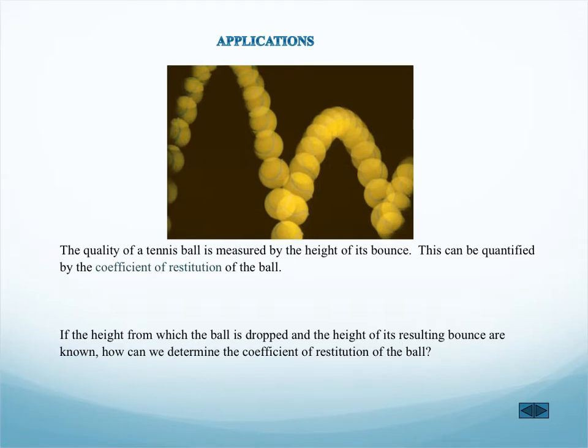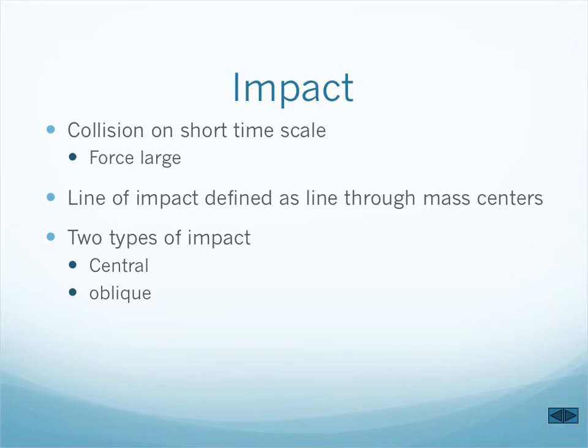So let's think about how we find the coefficient of restitution. First of all, let's classify some of the characteristics of collisions, and also what the two types are. In an impact or a collision, what's happening is it happens over a very short time period, but the force of interaction is quite large.